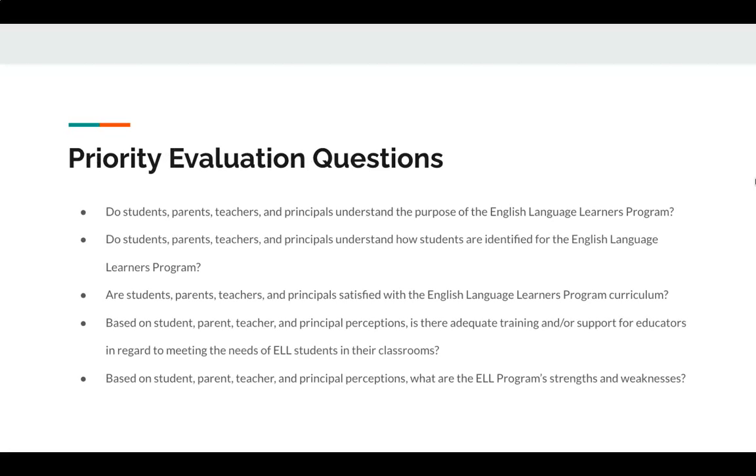Now, the next piece was figuring out what questions do we need to ask to get to the bottom of our findings. So we ended up devising these 5 questions, which do have different layers within them, and we surveyed students, parents, teachers, and then, of course, our principals, as I spoke about the administrators previously, as some of the primary intended users.